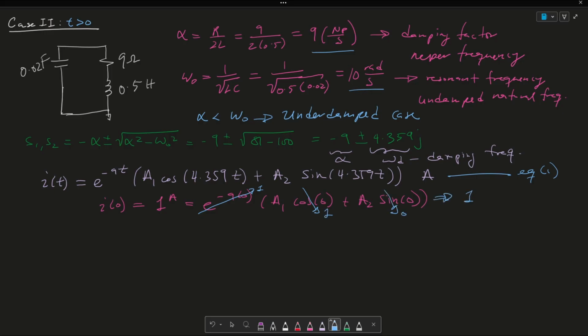So therefore, 1 is equated to 1 times A1 times 1, or simply A1 is equated to 1. So this here is my A1. Now to solve for A2, it's a bit more tricky. And essentially, we need to find di of 0 over dt.